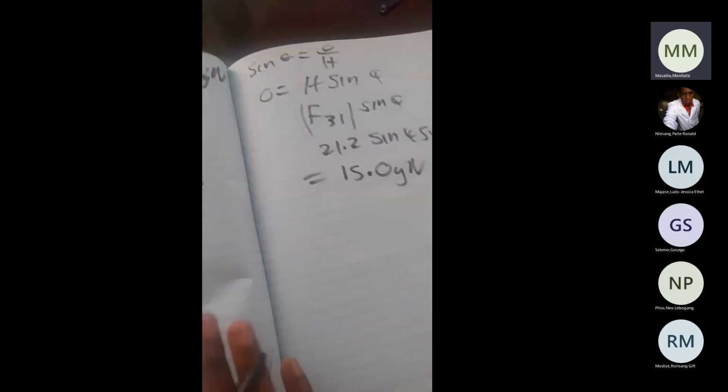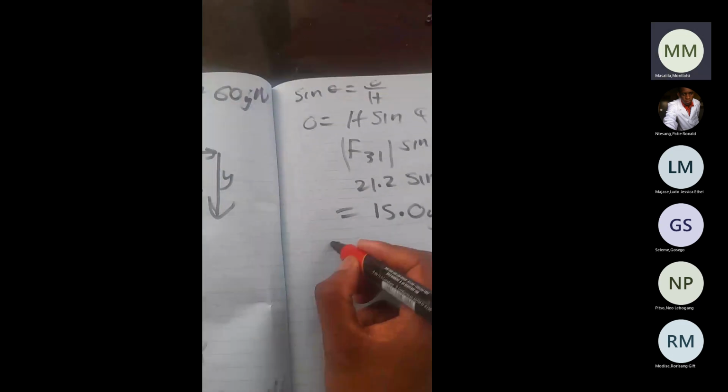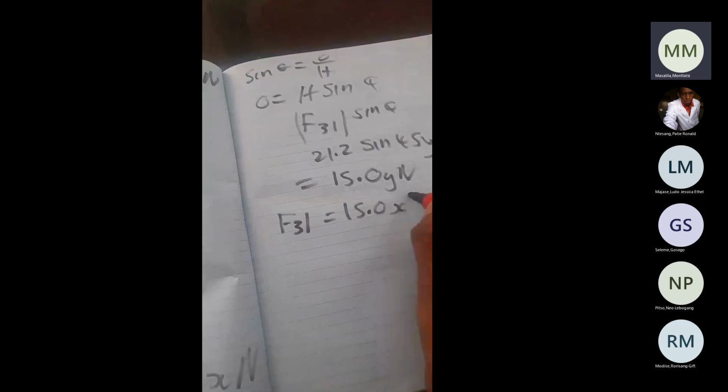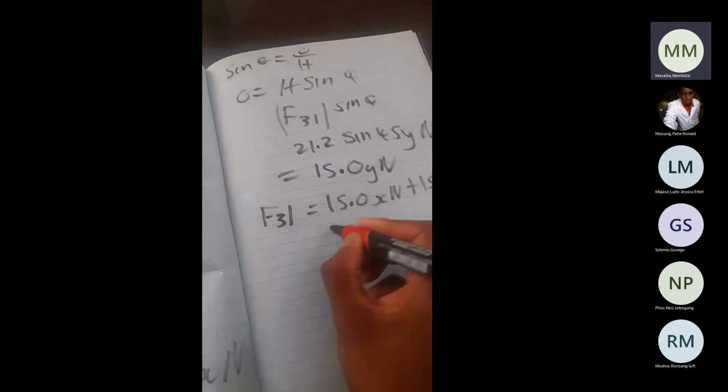That's a coincidence, it's not always like that. So my force F31 is the same as 15.0 x Newton plus 15.0 y Newton.